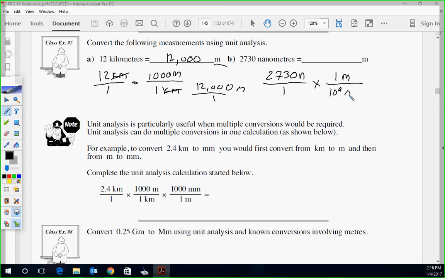Okay, so what happens now is the n's cancel, we multiply these, so essentially you're going to have 2730 m over 10 to the 9th.